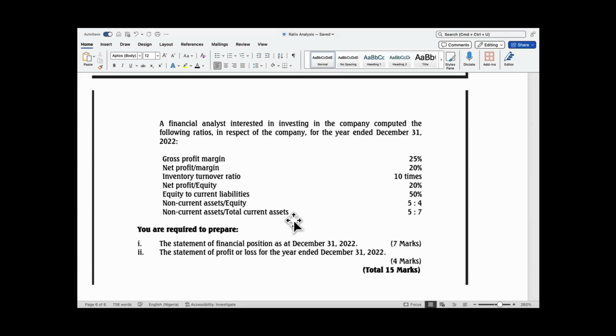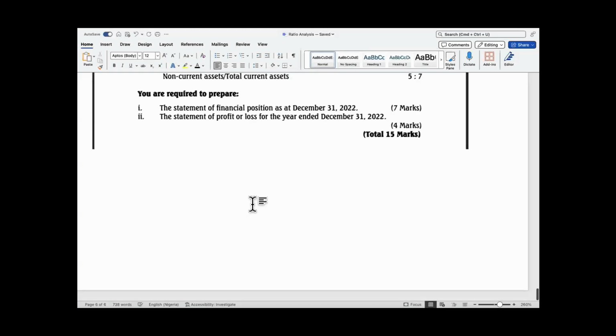So apparently, the examiner wants you to compute the financials using ratios.